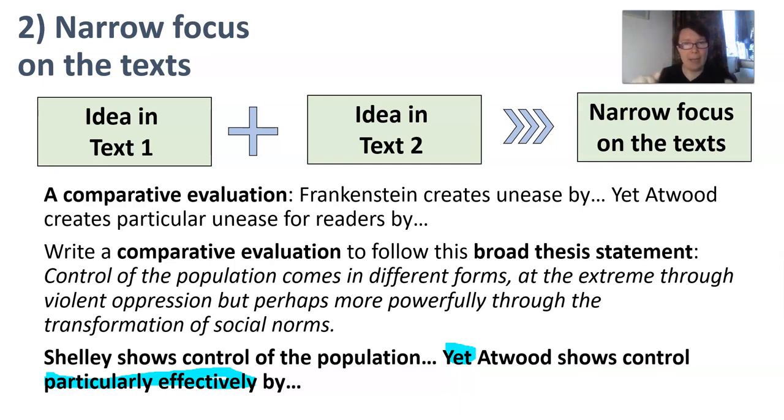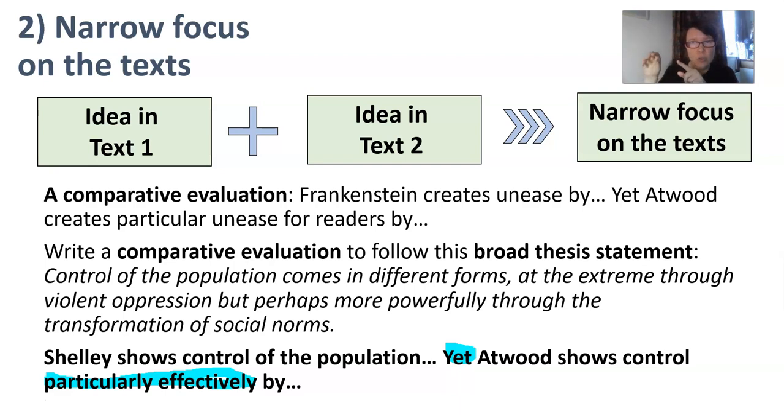Okay, now we're going to go back to the same broad thesis statement. So control of population comes in different forms, at the extreme through violent oppression, but perhaps more powerfully through the transformation of social norms. So you're going to have to choose now which one you think you want to say is more effective. Not better, that's wrong. So which one is more effective? And there is no really wrong or right answer for this, depending on where your focus is.